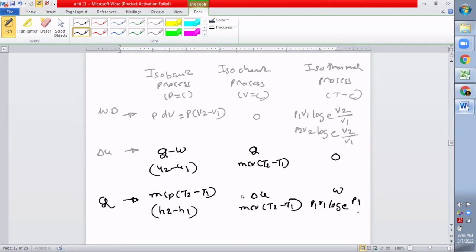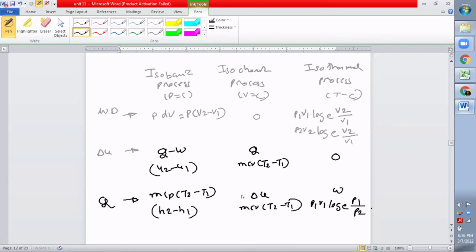So why are we talking about the different forms of these formulas? Because we need to choose the concerned formula depending on the available data in the numerical. If you are using the work done formula P1 V1 log to the base e of V2 by V1, and you don't have the values of V1 and V2 but you know P1 and P2, then directly we can use this equation.